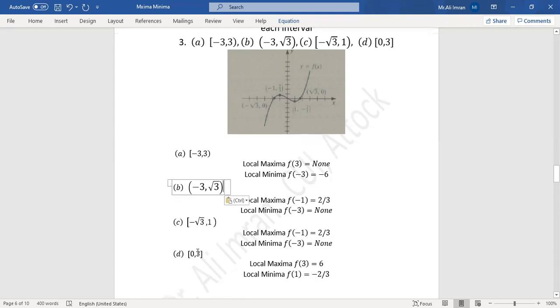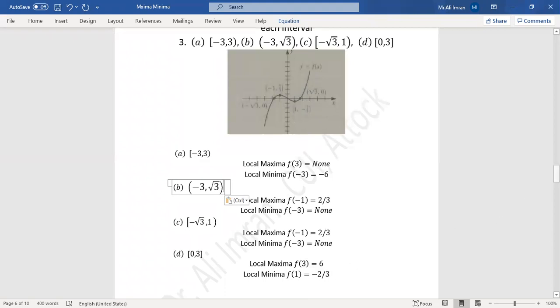Now in the closed interval 0 to 3, the local maximum lies at x is equal to 3 and has value 6. This is the local maximum. Now the deepest point in 0 to 3 is the lowest point, and f of 1 is equal to minus 2 by 3 is the local minimum.